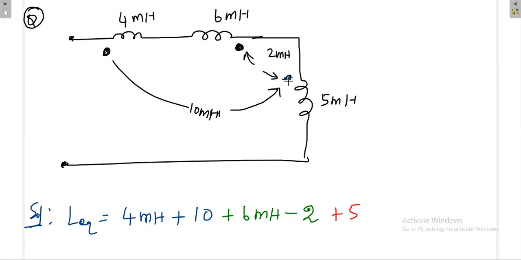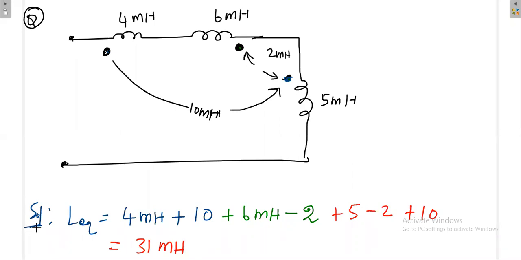But again here the dot goes to two places. One is this one, here entering, this is leaving. That means minus 2. Again this dot also goes here, but this is plus 10. So finally what is the value? The answer is 31 millihenry.